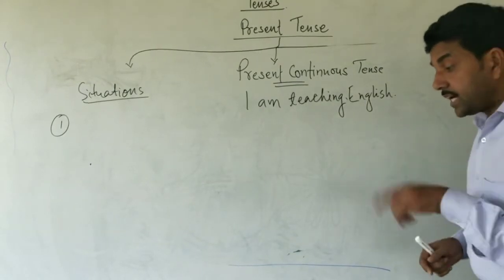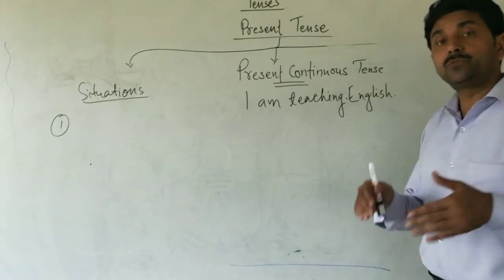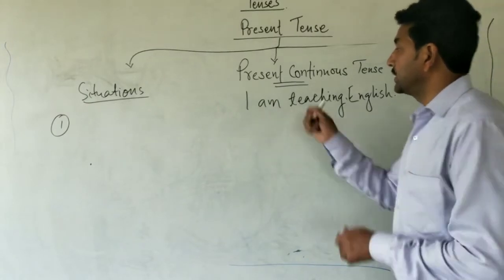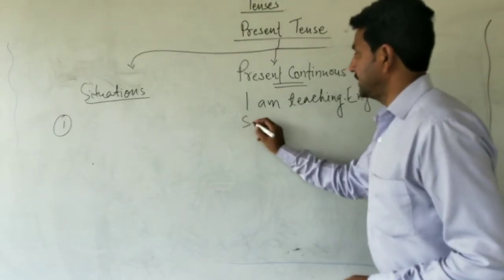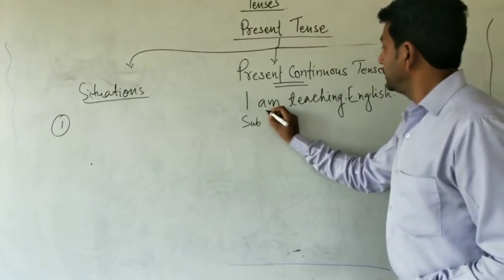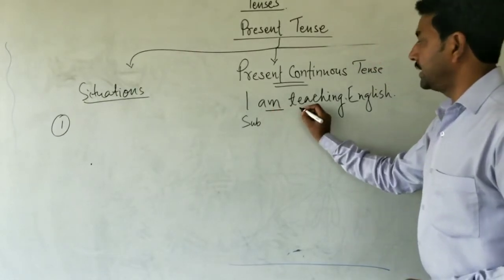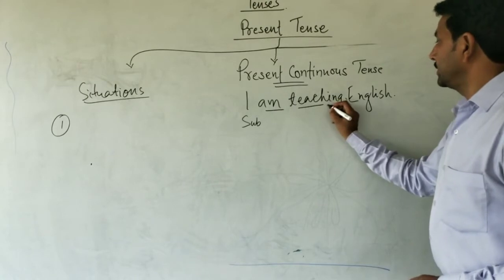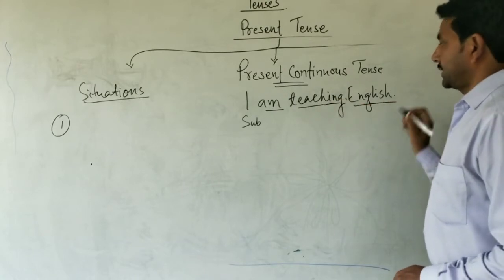At the time of speaking, if you say something, we use this structure: subject, then the helping verb, then the ing form of the verb, and then the object.